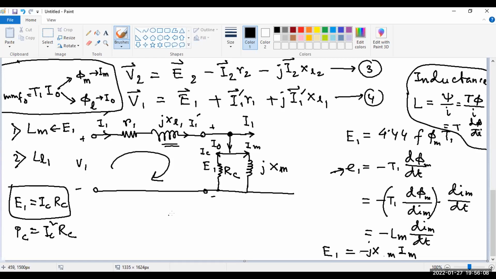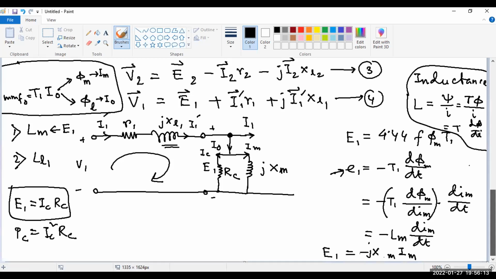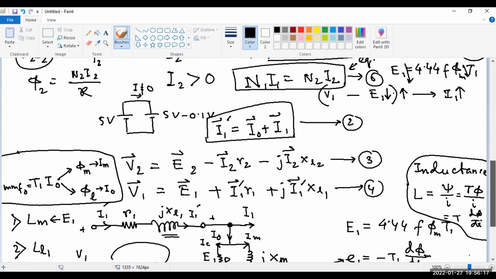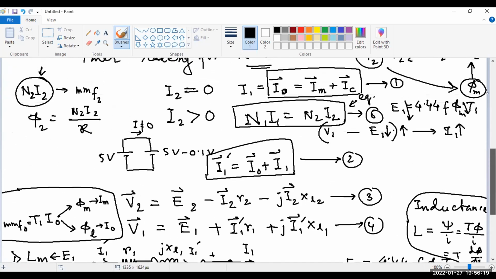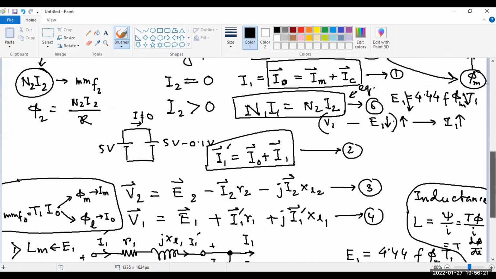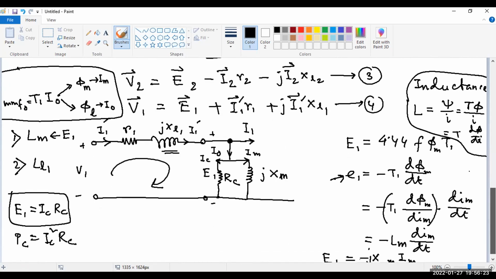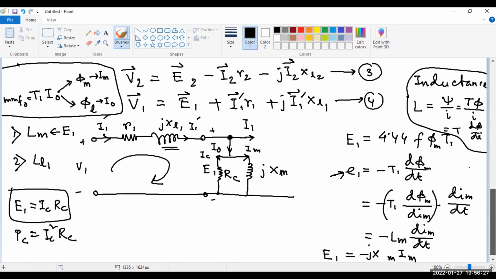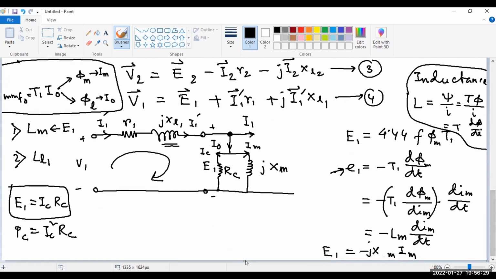Okay, so understood. So what is left? We got E1, so that is equation number 4, 2, 1. So can you represent equation number 3 quickly?